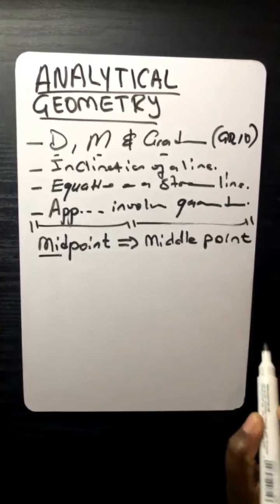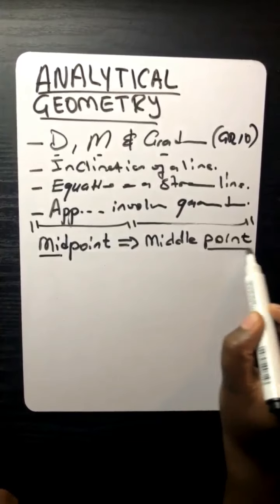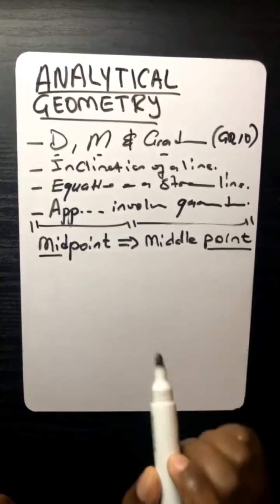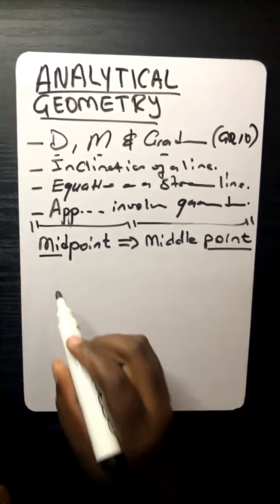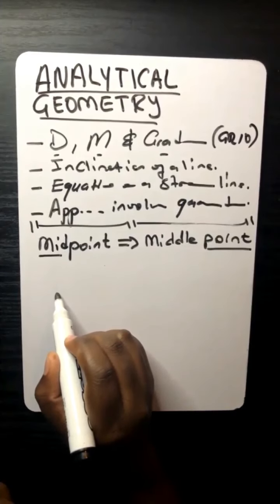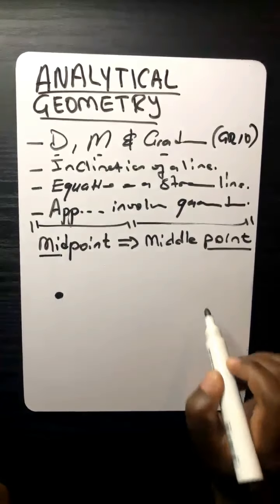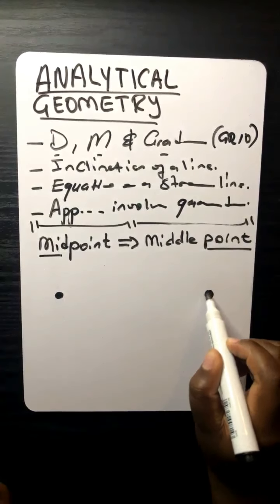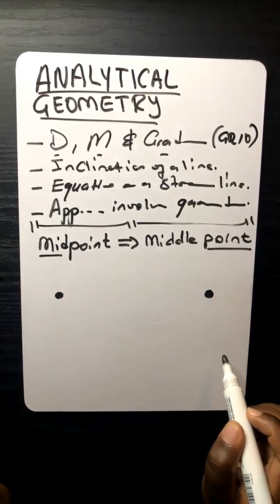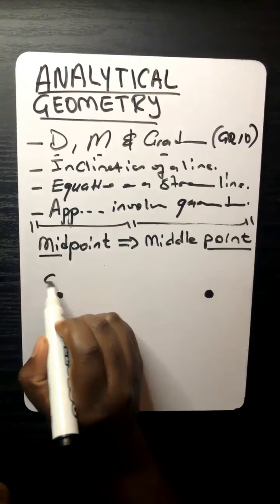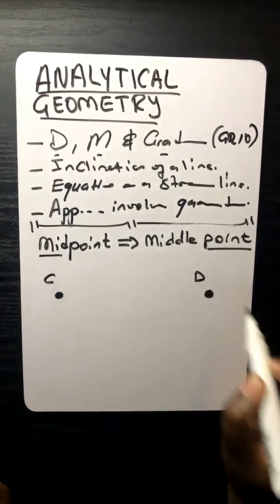Good people, I have explained to you what a point is. For example, you've got point 1 over there and point 2 over there. Let's say this is point C, this is point D.